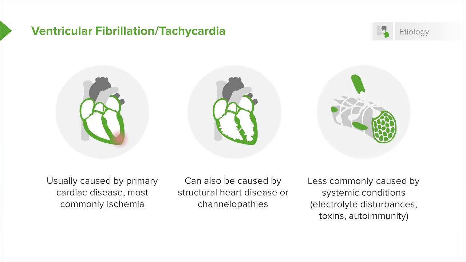Least commonly, you see VFib and VTach with systemic metabolic derangements, things like electrolyte disturbances, autoimmunity, toxic ingestions, but that's really quite rare. The vast majority of these are caused by heart attacks.